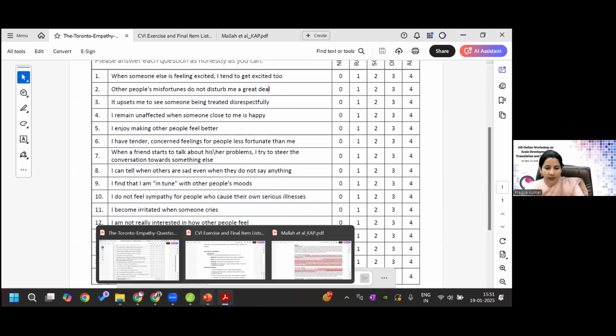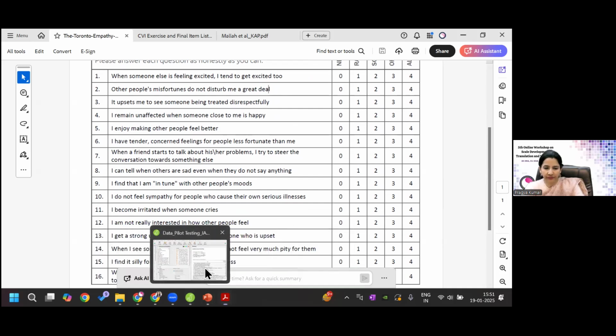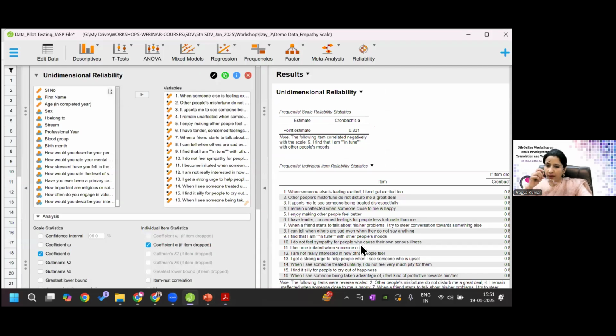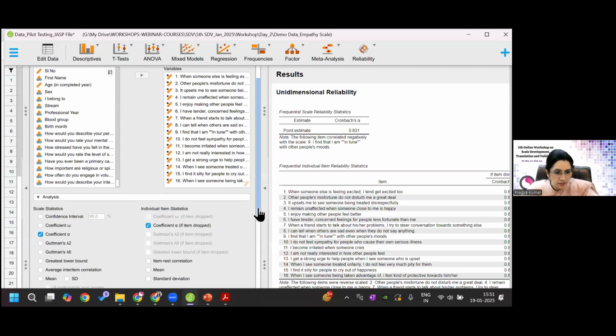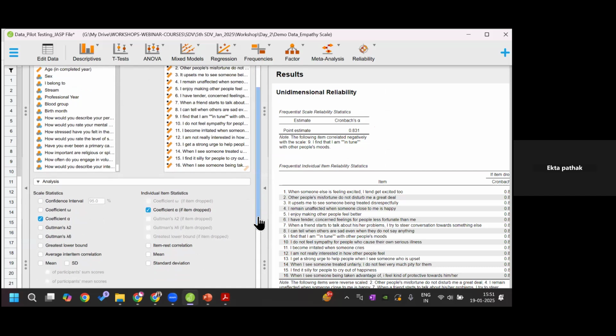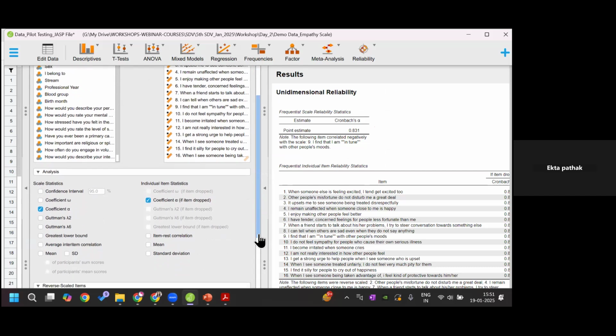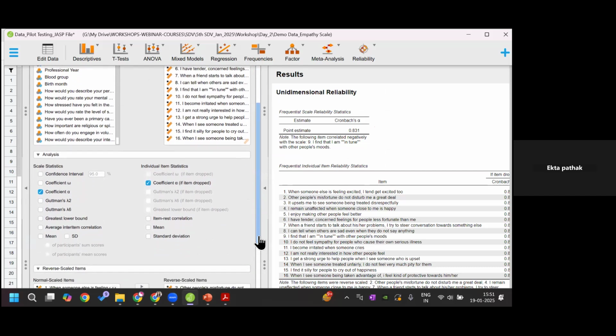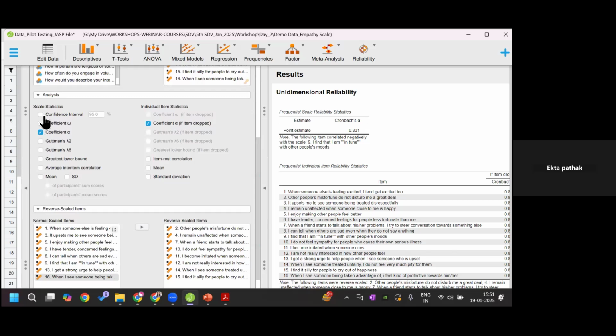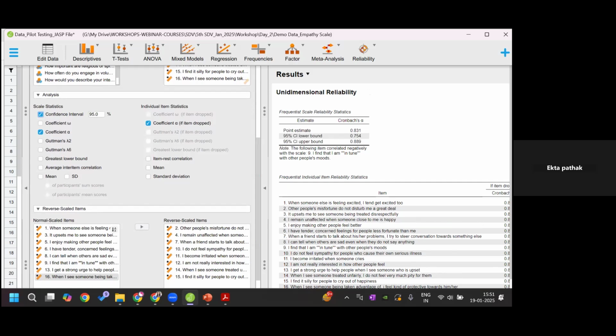So now coming to this, the other. Ma'am, I have a doubt. Ma'am, do we need to calculate Cronbach alpha every time we administer the questionnaire, for every sample, or for a population it varies?